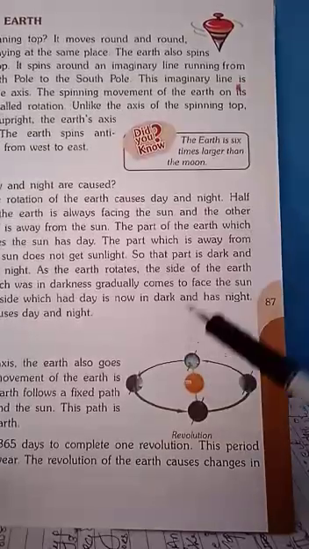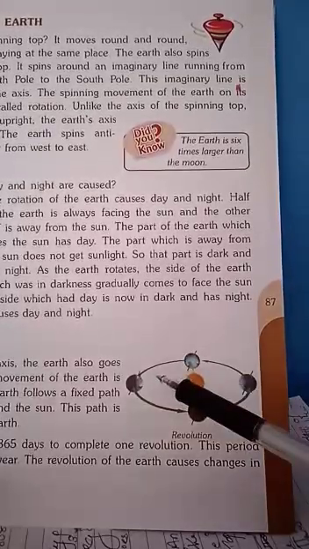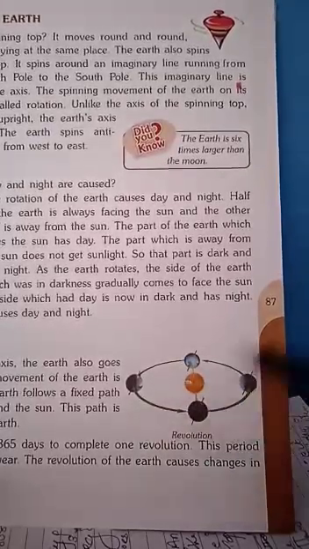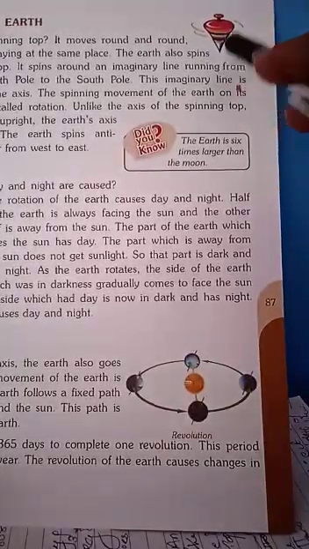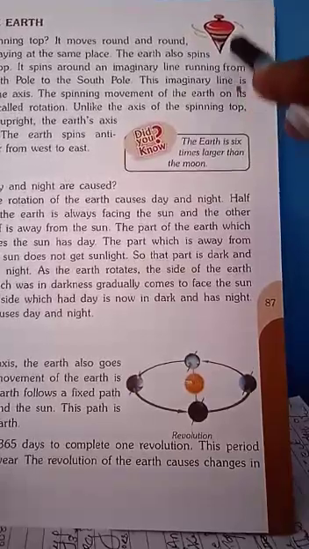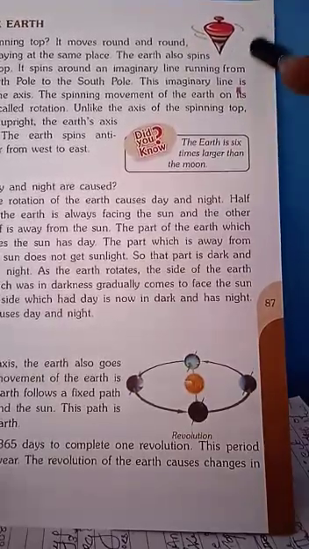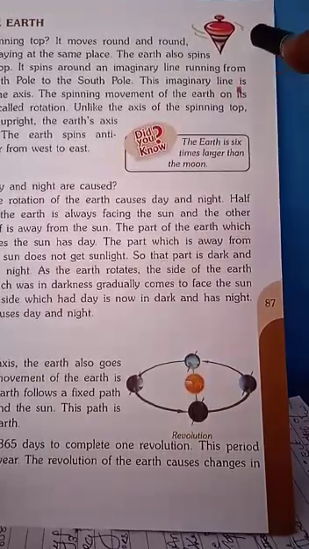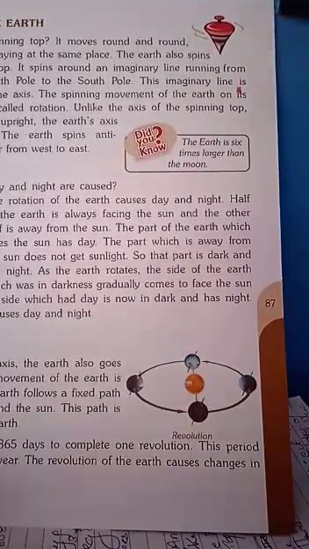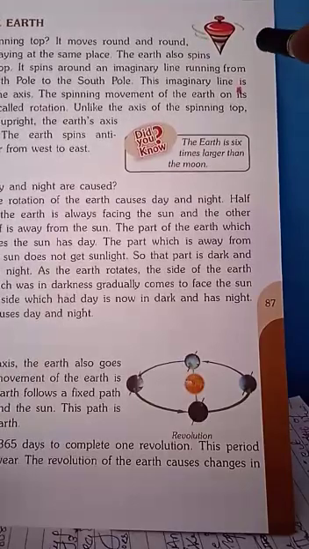In this we have two types: rotation and revolution. Rotation is spinning like a top on the same path with its own axis. The imaginary line is called an axis. The spinning of the earth on its own axis is called rotation.